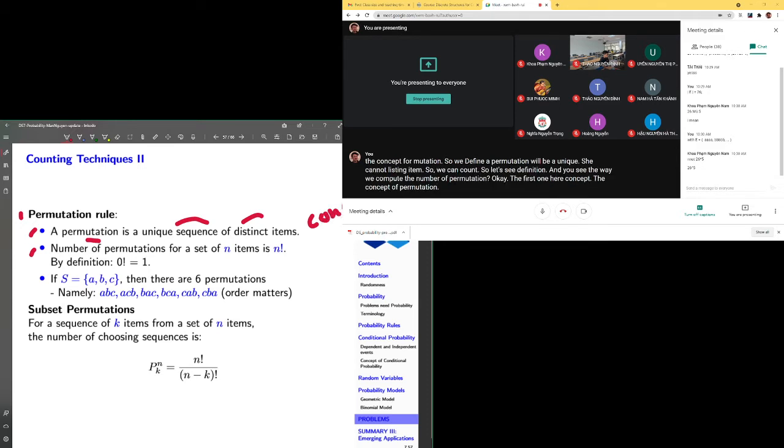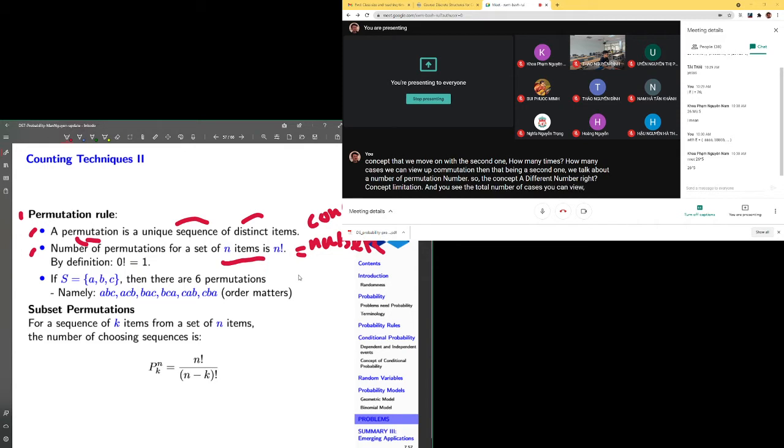And after you understand the concept, then we move on with the second one: how many cases we can build up of permutation. That means the second one, we talk about the number of permutations. Okay, number. So the concept is different from the number, right? Concept, permutation, and this is the total number of cases you can build.